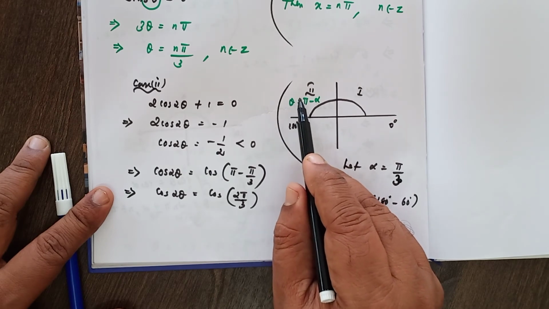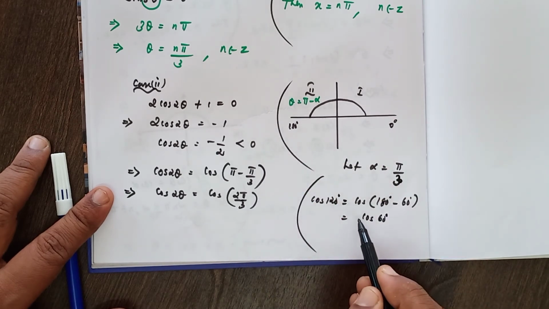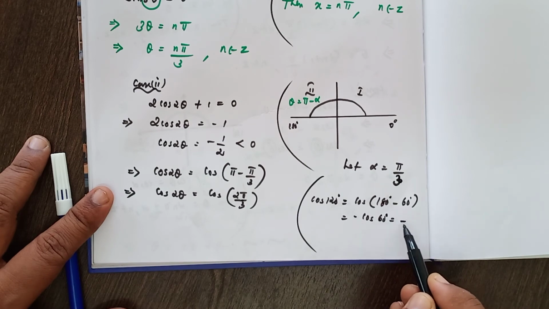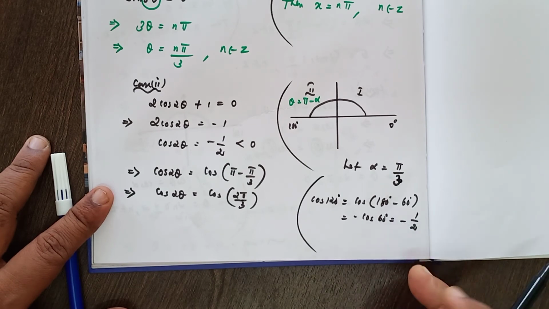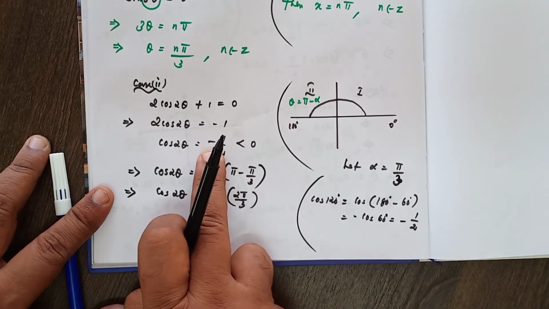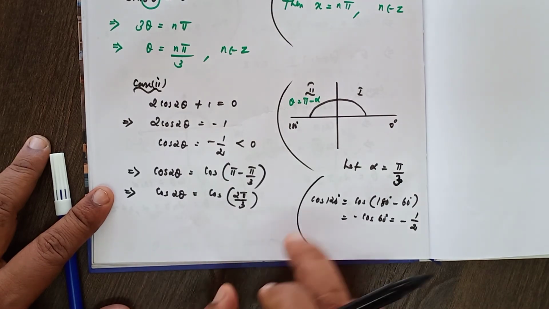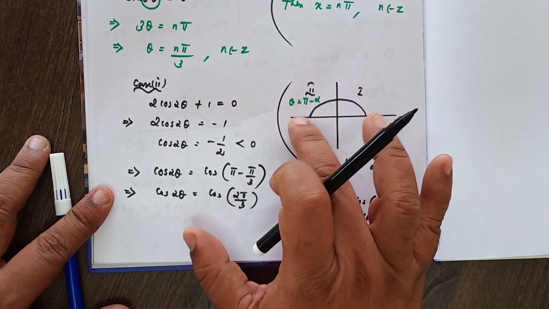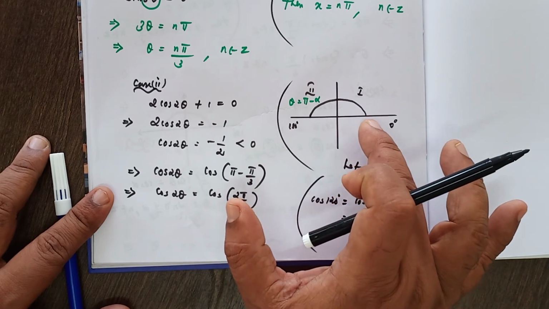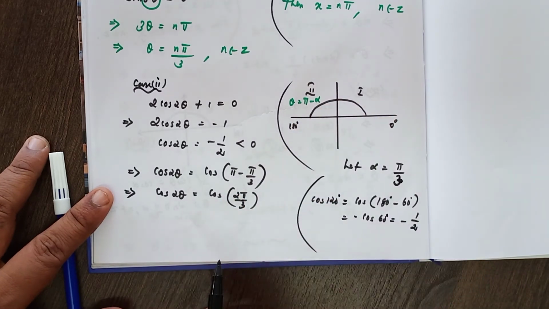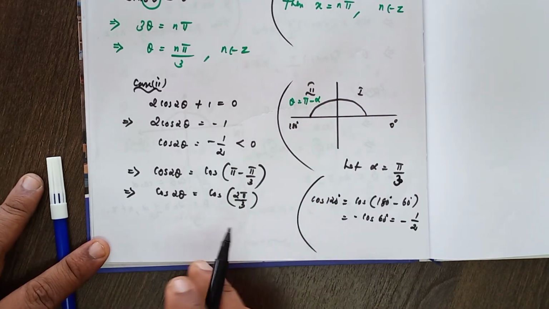Second quadrant, sine only positive. Cos is therefore negative. Minus cos 60 value, 1 by 2. Look at that, minus 1 by 2. We got it. So 120 degree lies in this interval only, because cos principal value lies from 0 degree to 180 degree.